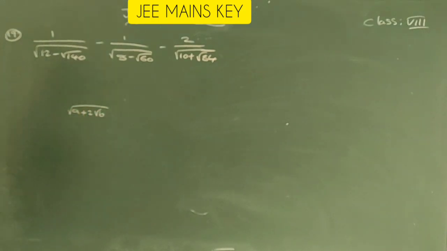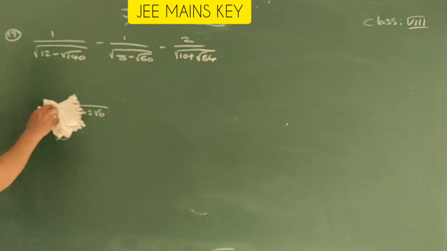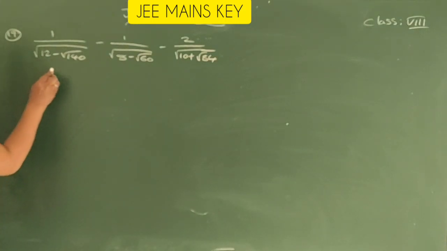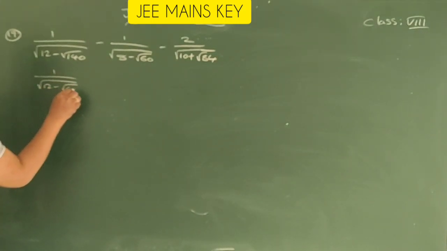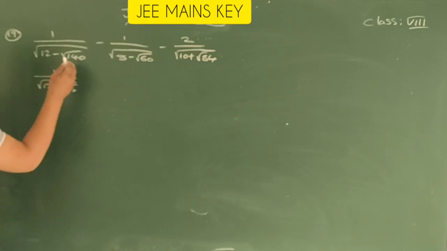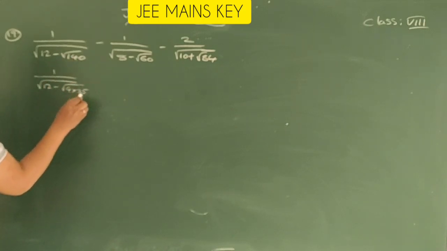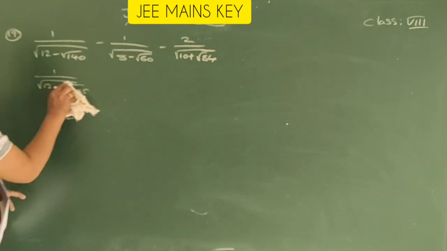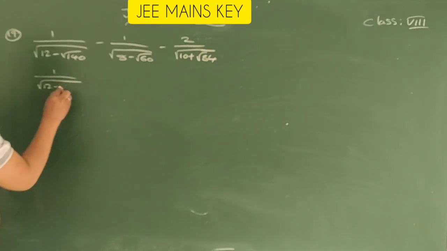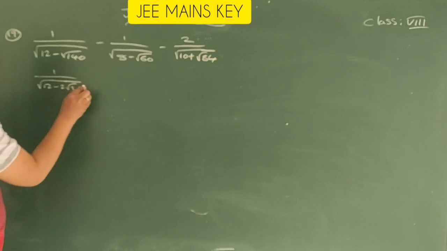So 1 by root of 12 minus root of 140: 4 times 35 is 140, so taking 4 outside gives 2 root 35.